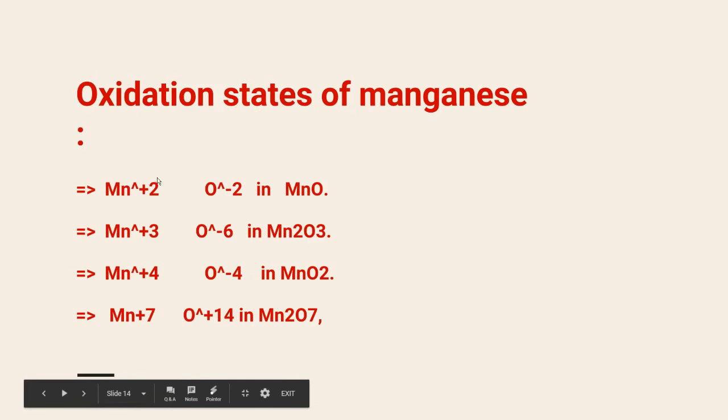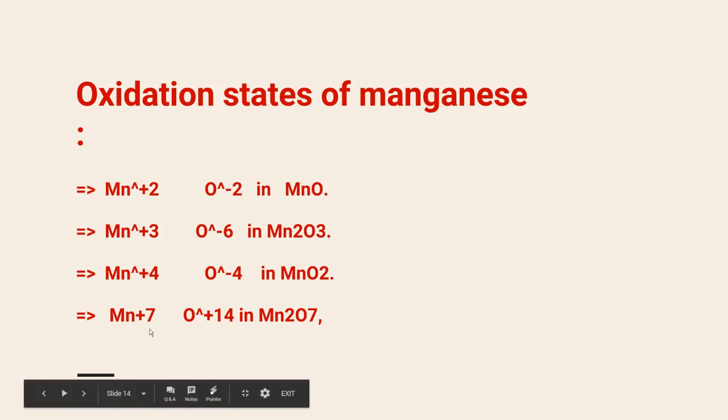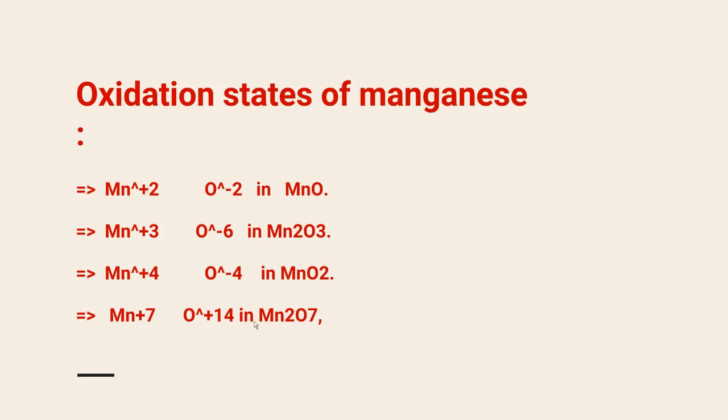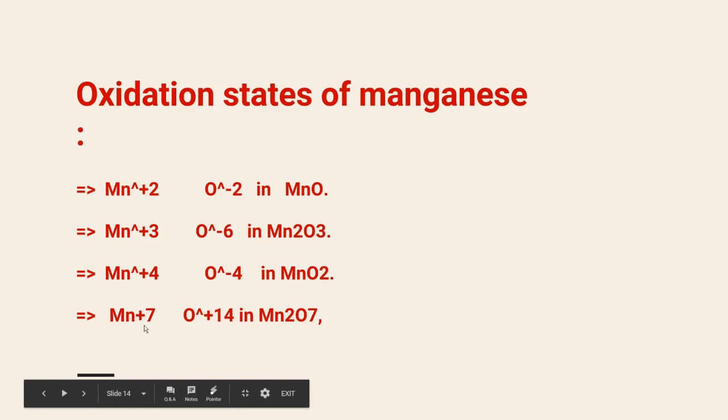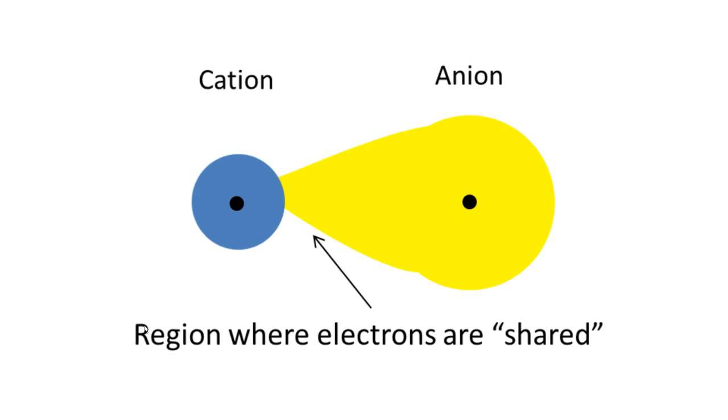The oxidation state is increasing, so the acidic nature is also increasing. Manganese heptoxide, where manganese has a positive 7 oxidation state, has the most acidic nature.